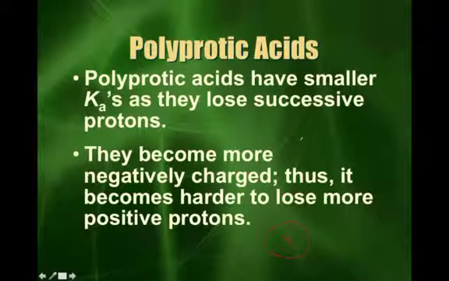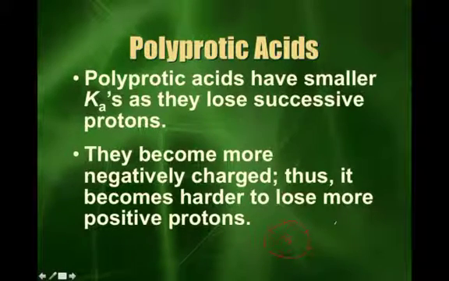Polyprotic acids become negatively charged, and when they do, it's going to be harder to lose positive protons, because there are more negatives around here than positives inside, since it gains an electron. They're going to be very closely attracted to this.